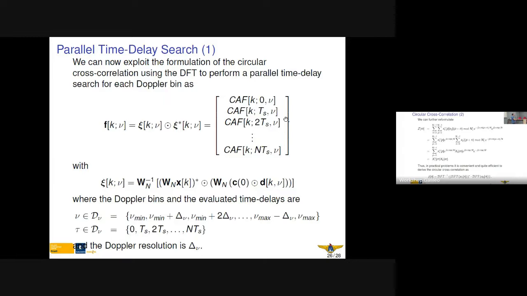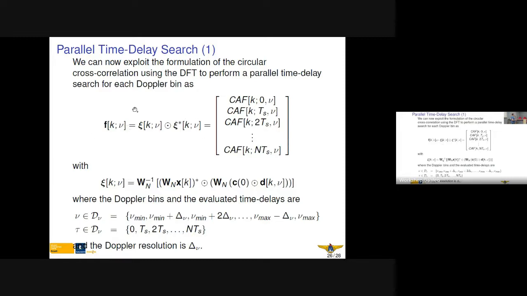So we choose one Doppler value, and then we can evaluate with this circular cross correlation all possible time delay estimates in the resolution of the samples of the signal.